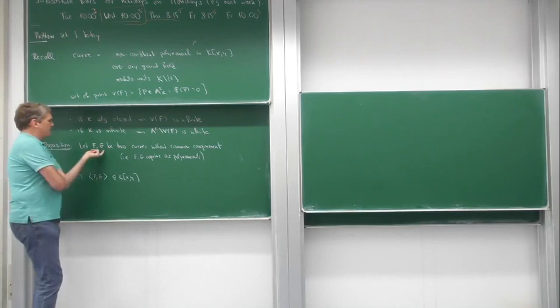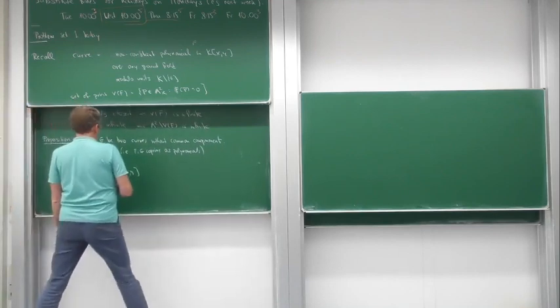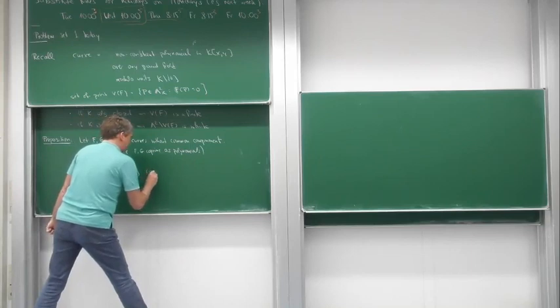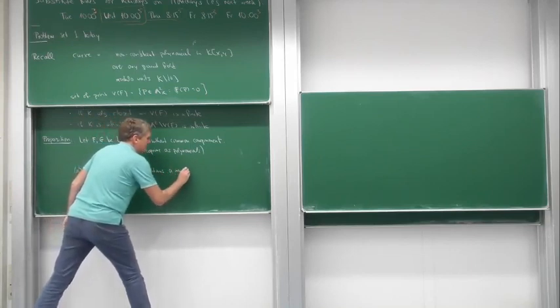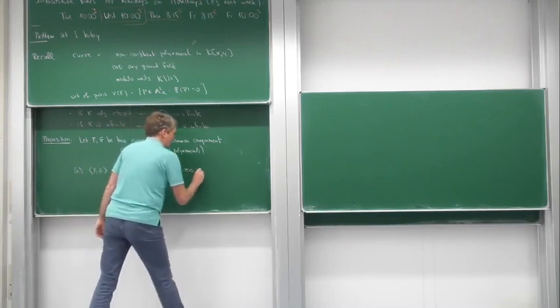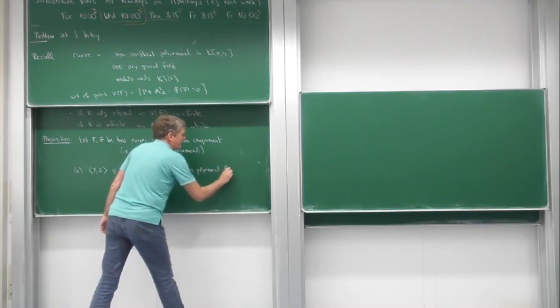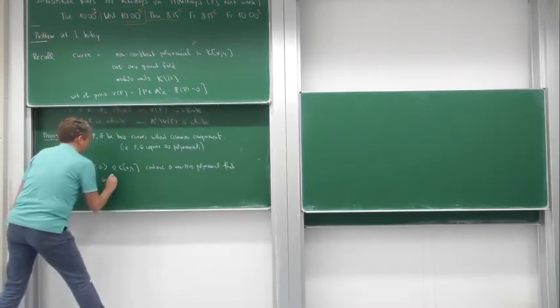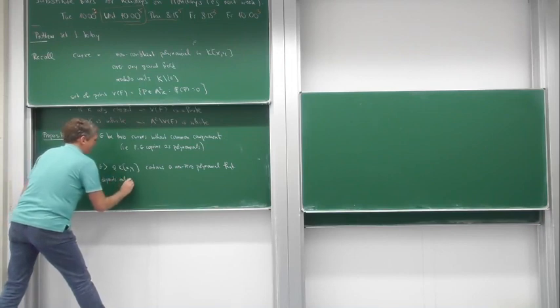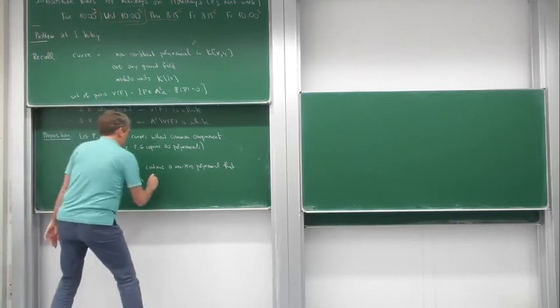So f and g are polynomials in x and y, but you can form a combination so that it depends only on x. And of course, by symmetry, you can do the same for y.